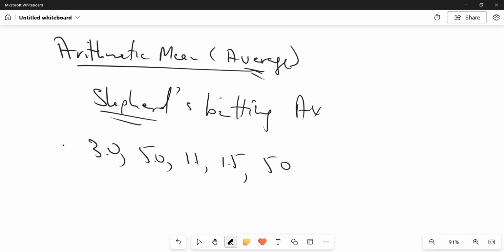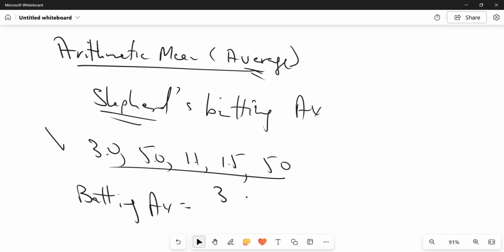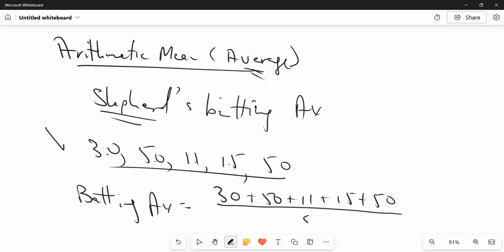What is this man's batting average for the last 5 games? His batting average is equal to the 30 plus the 50 plus 11, 15, and 50, divided by 5. And how much will that be?